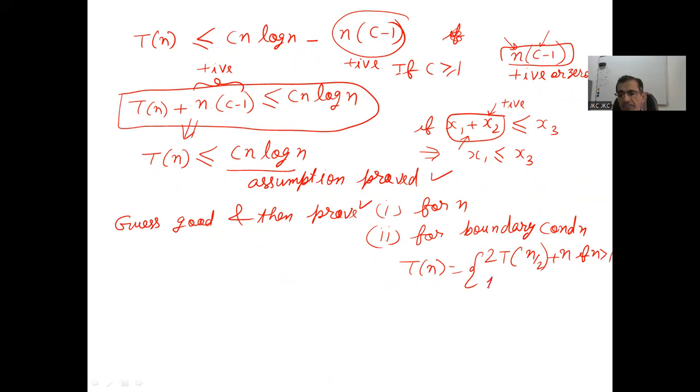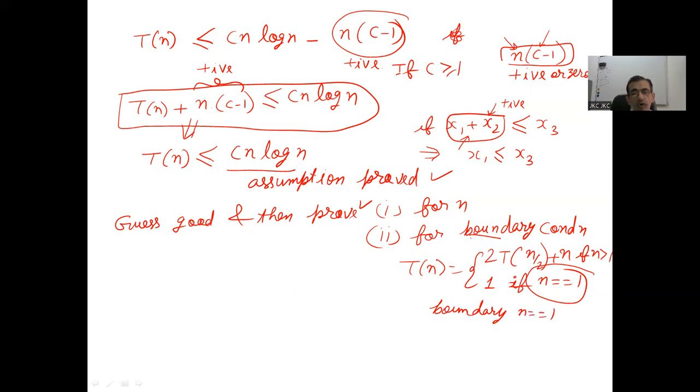Otherwise, I say it is equal to 1 if n is equal to 1. For n equal to 1, recursion doesn't work. Then I say it's a unit time step, unit complexity, and it can be solved without any recursive call. So boundary condition means I must be able to prove it for n equal to 1. Boundary is n equal to 1.